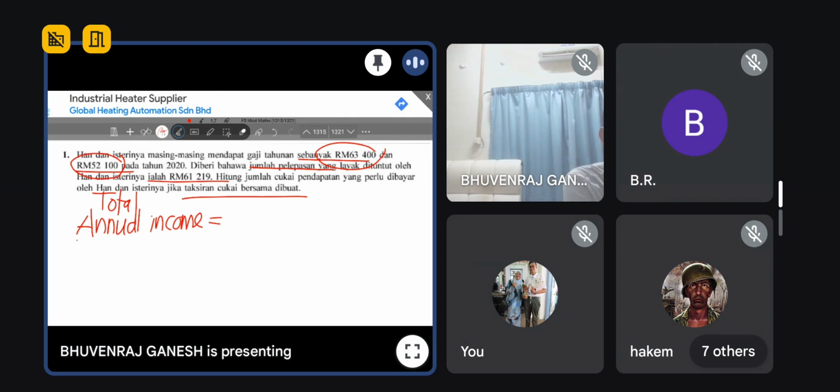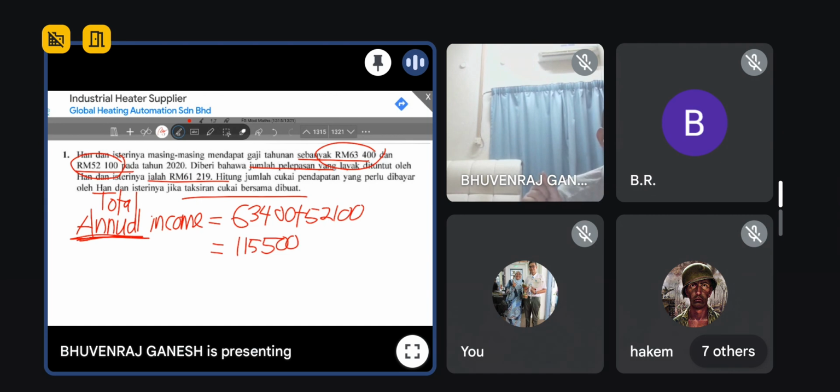Now we're finding annual income, okay, not chargeable income. Yes, very good, correct. So you just need to plus these two values only. Because you want to find your total income first. Because we're doing joint tax assessment now. So we need to add every single value that we have. Okay, joint means you plus. So you will get this answer. Okay, very good. So this is your first step.